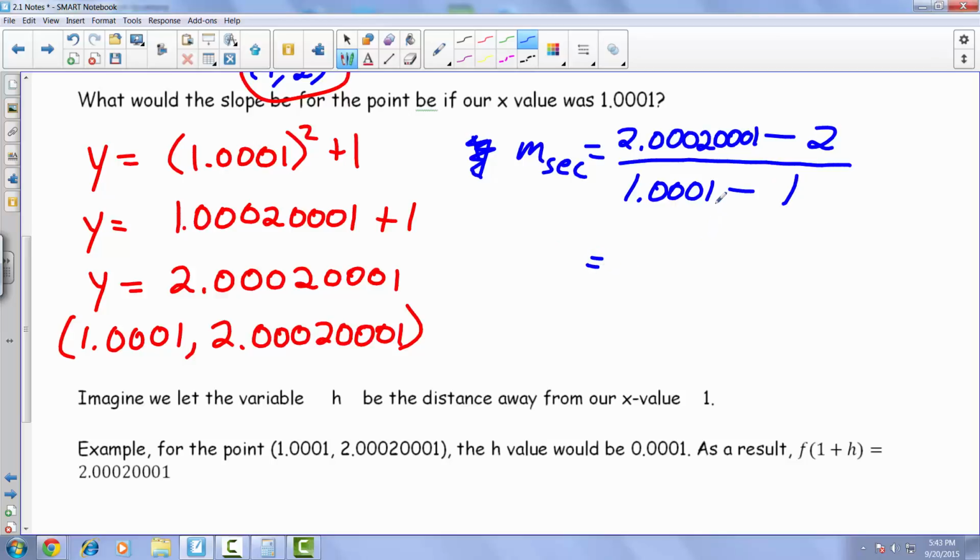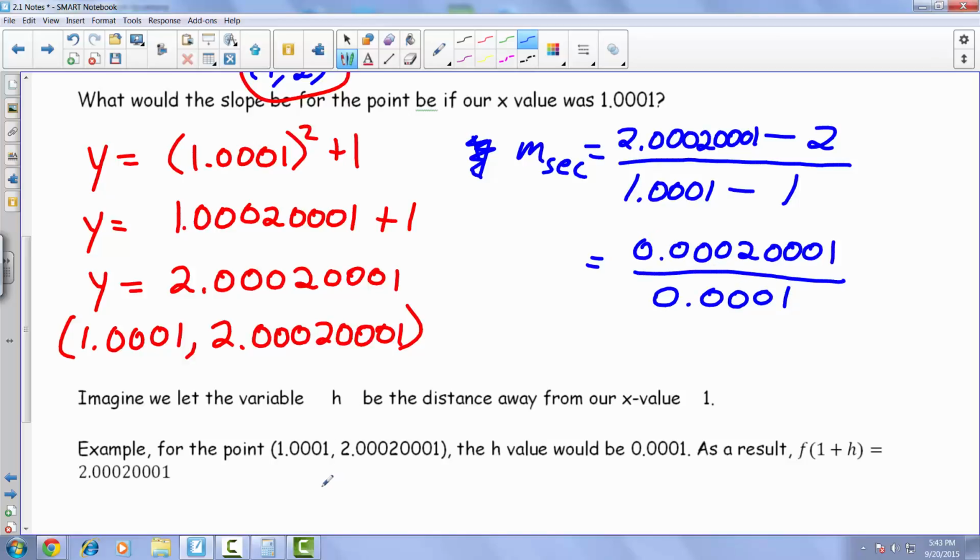So our slope for this secant comes out to be 0.00020001 over, well, 1.0001 minus 1 just comes out to be 0.0001.